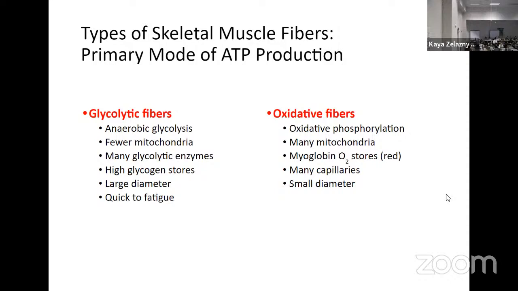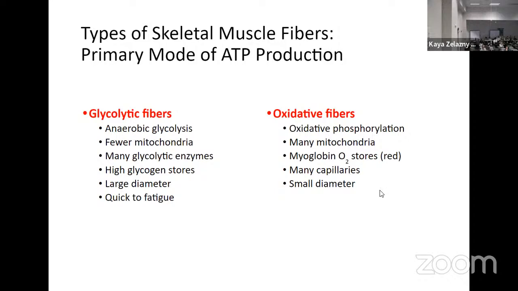Now, these oxidative fibers are going to be smaller in diameter, which means they have fewer cross bridges they can make because we have fewer of those proteins stacked together. But it means that oxygen coming in through blood, transferring across the walls of those many capillaries, can get across the whole cell pretty quickly.